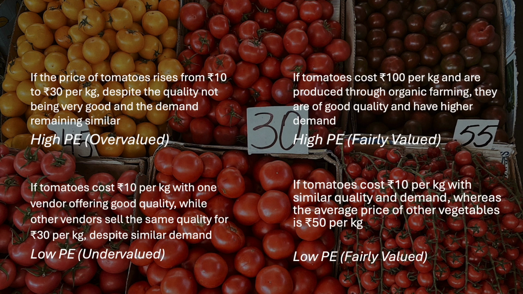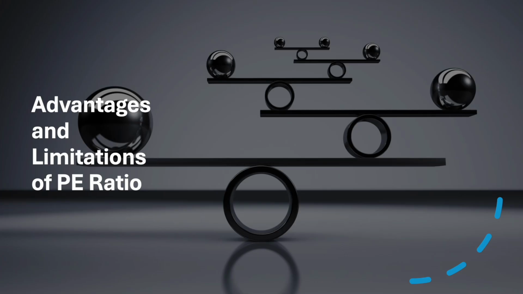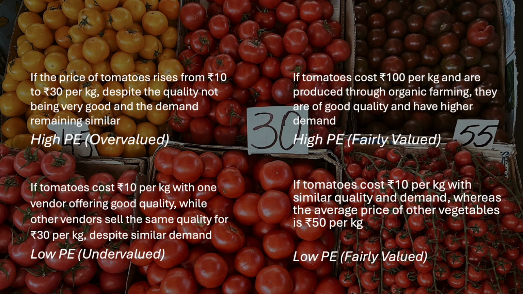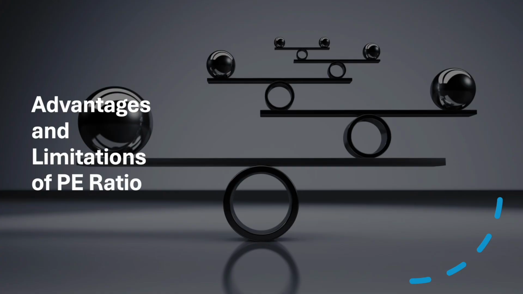So the key takeaway is understanding PE ratios, just like pricing tomatoes, requires context. A high or low PE ratio doesn't tell the whole story. Always look deeper. Let's look at the advantages and limitations of PE ratio.